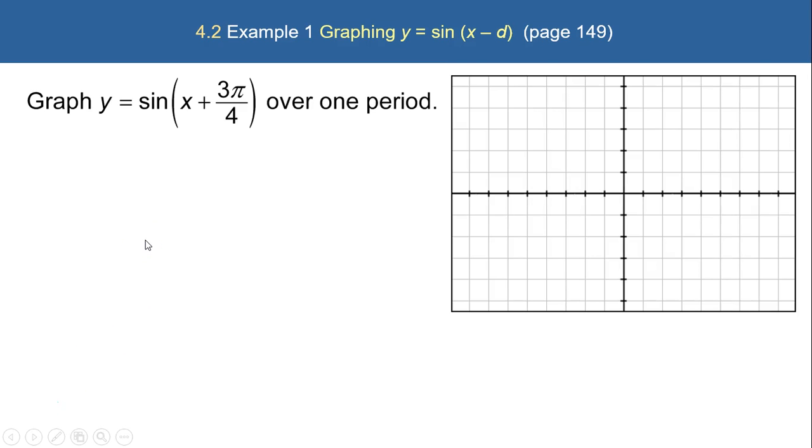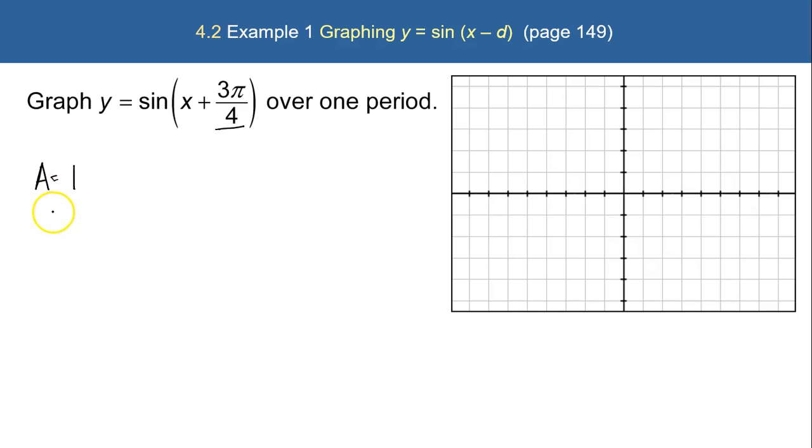All right, so let's go ahead and graph this sine function here that has a phase shift. This right here is our phase shift. Okay, first step I like to do is identify the amplitude. It's going to be 1 in this case.